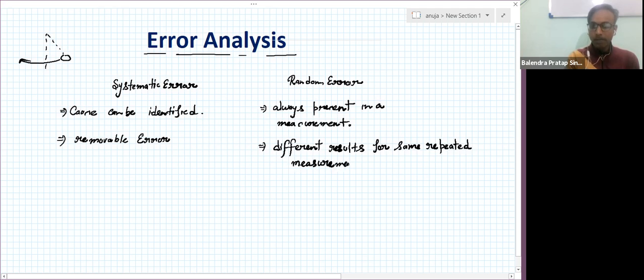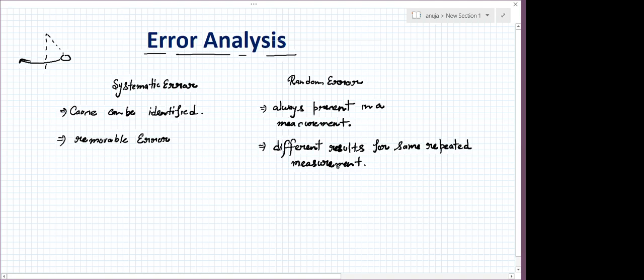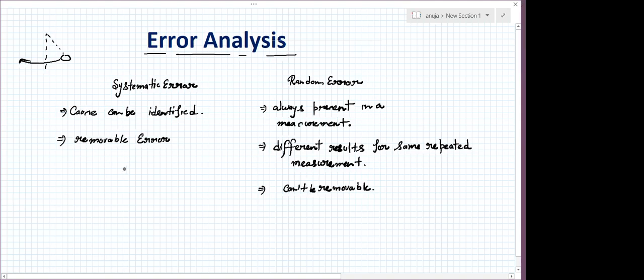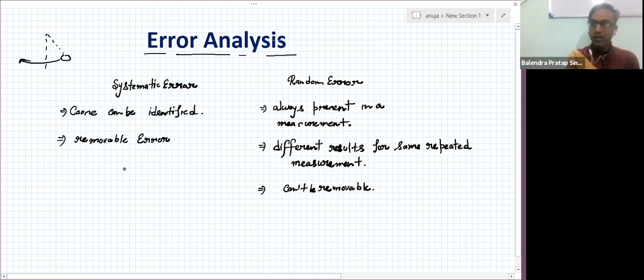And you can't remove these errors; they can't be removable. I think it is very clear what systematic errors and random errors are. Any confusion?